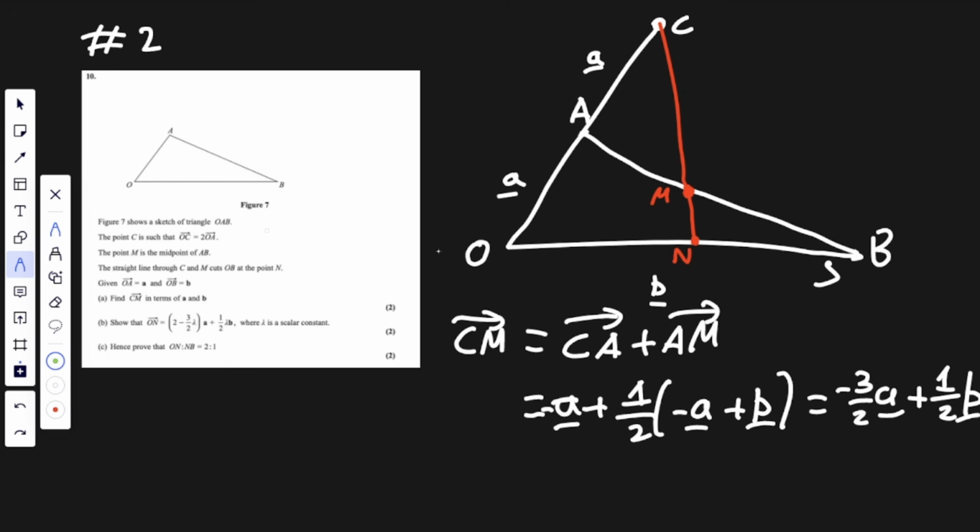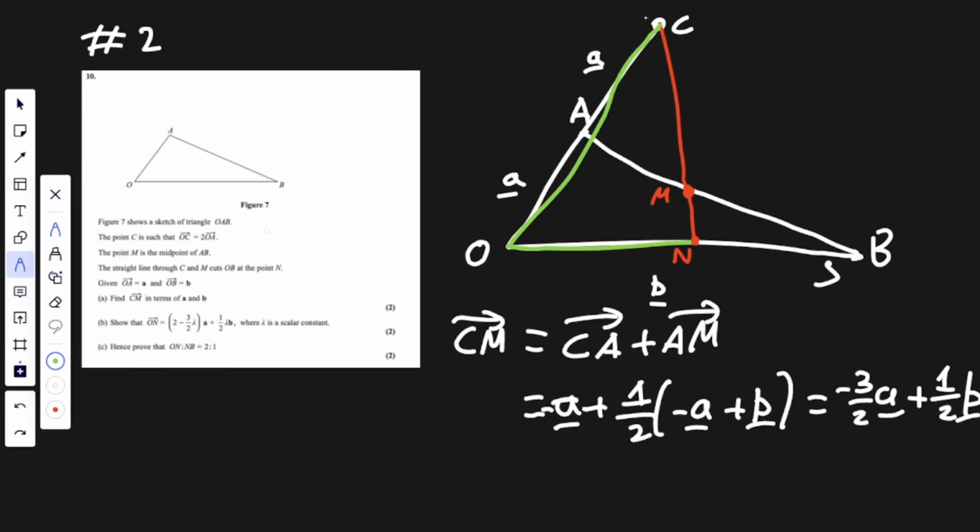And, well, how can we find this? In what ways can we do this? Well, we could go up to C, and then down to M, down to B, and then to N, but that's quite tricky.